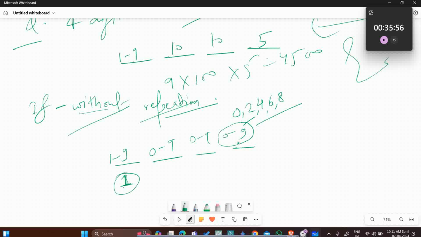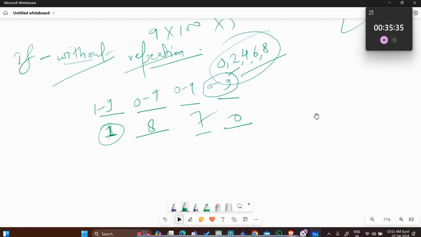For the next, we select any one of them, let's say 0, so how many choices are left is 8 and 7. And for the last place only, we have 5 choices: 0, 2, 4, 6, and 8.